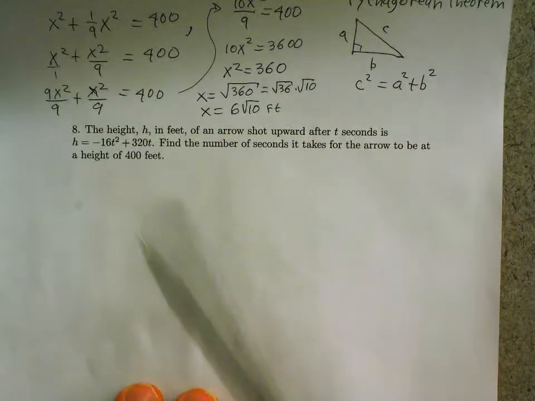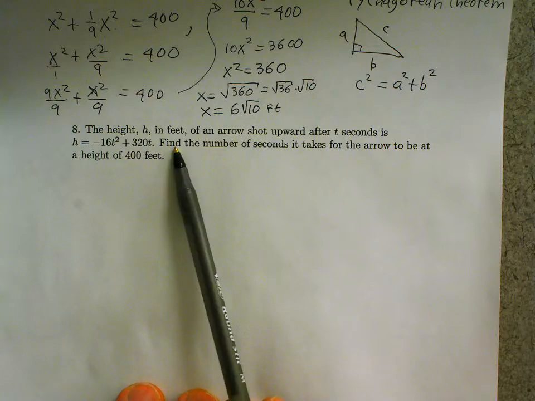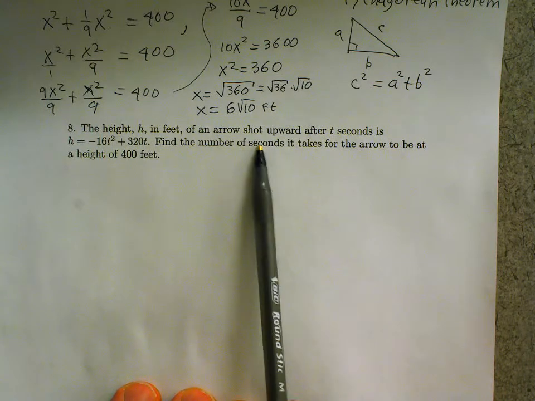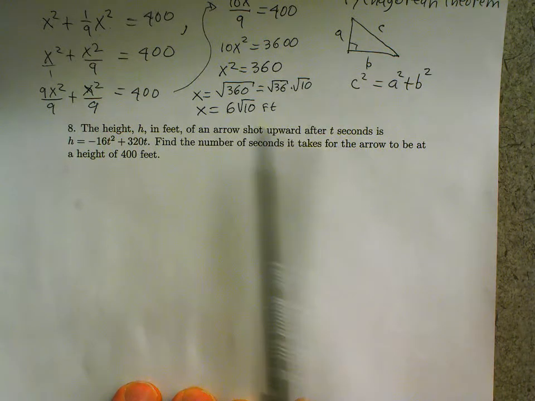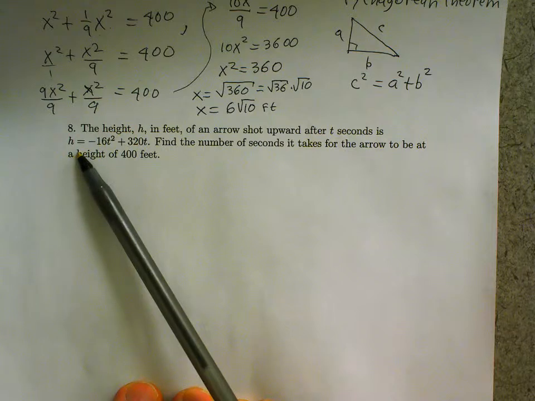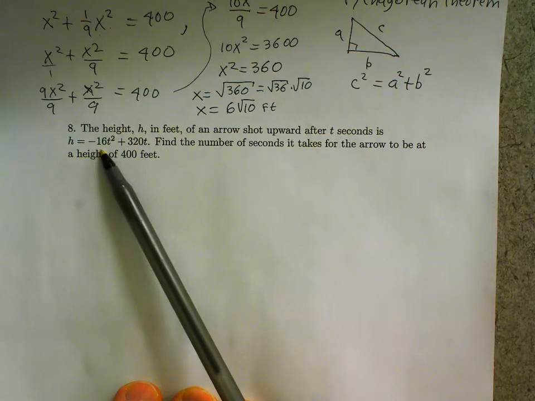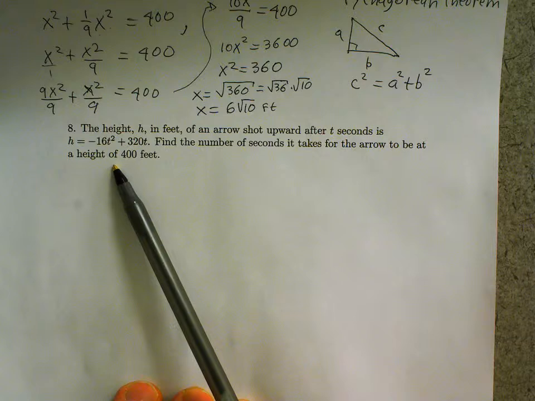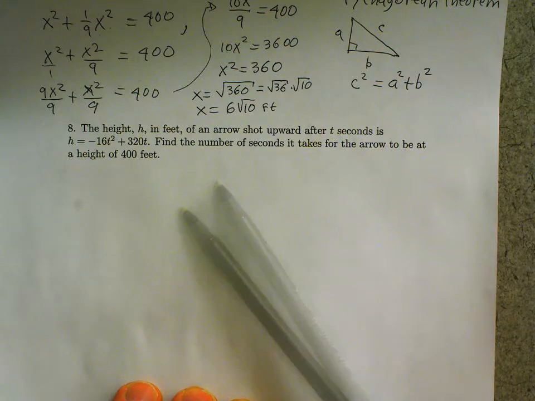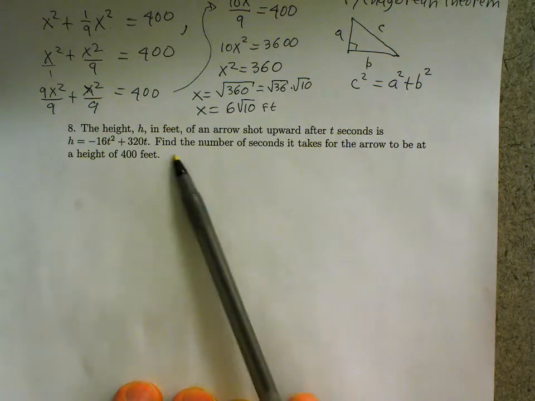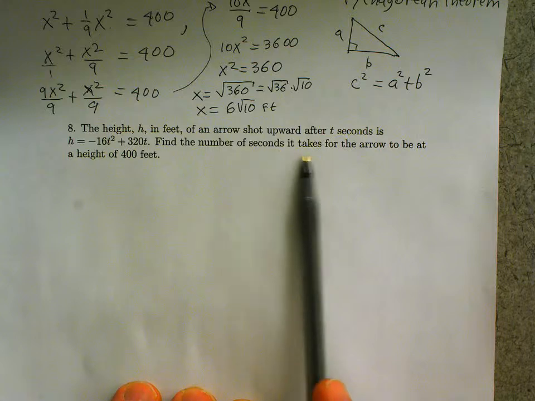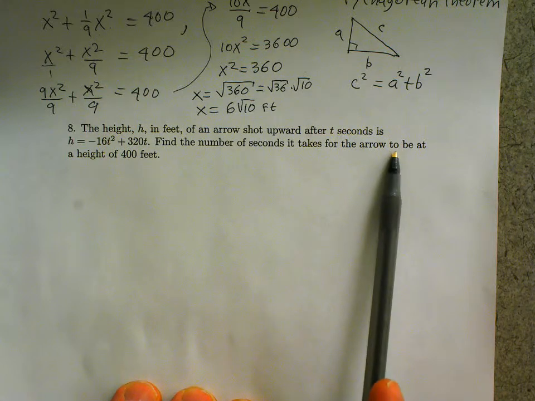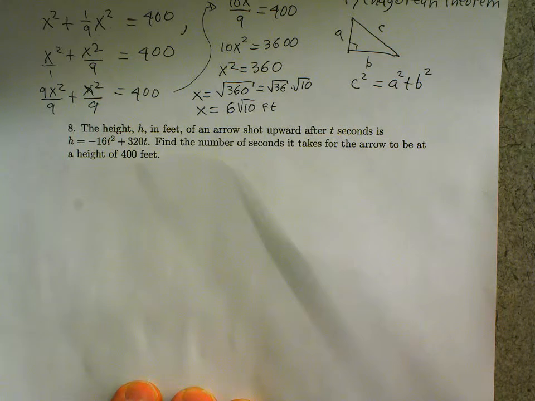Okay, but this one, the height h in feet of an arrow shot upward after t seconds is h equals negative 16 t squared plus 320 t. This one says find the number of seconds it takes for the arrow to be at a height of 400 feet.